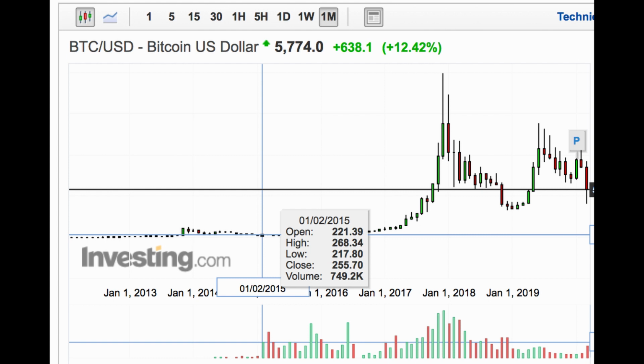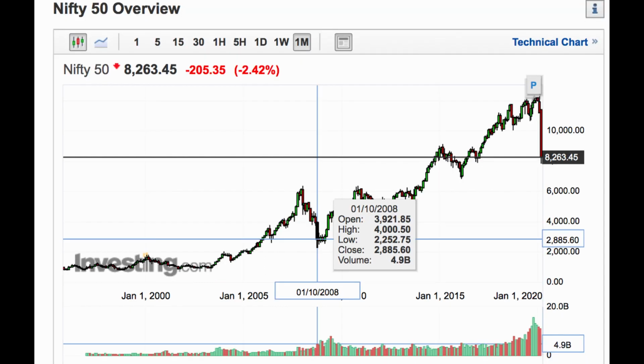So first, let's come back to Nifty 50 chart and look at the trend. Now here you can see in the year 2007 the market was at its peak roughly. So we're just looking at rough data points. If you want to go into detail, you can hover over those particular sections and you'll find out exactly what the numbers were at that time.